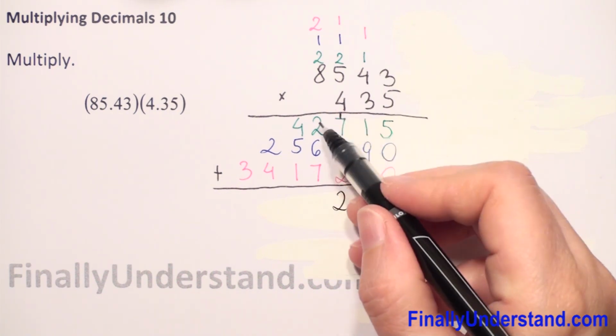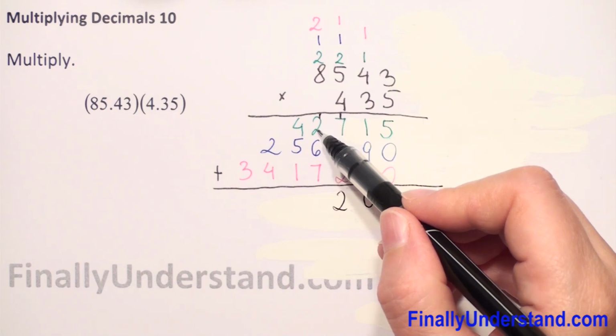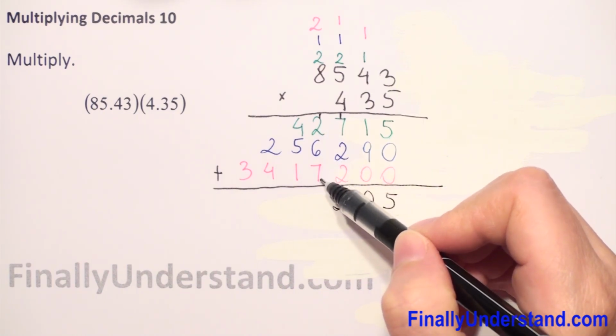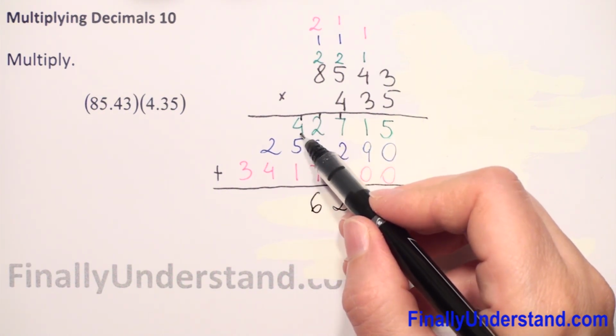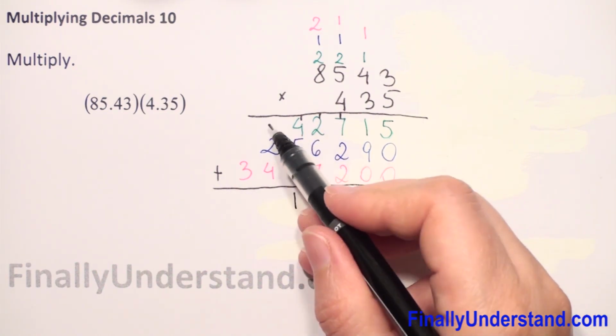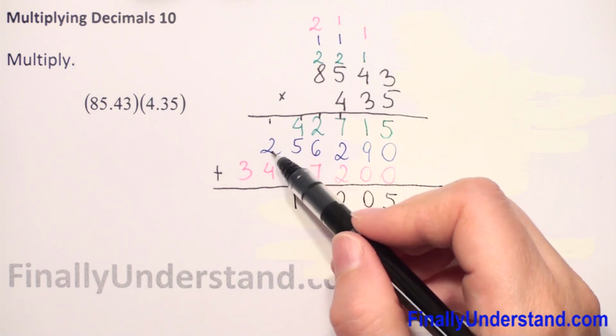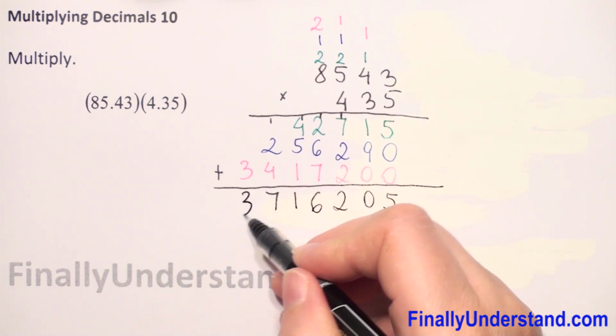So we have 2 and 1 we add to the next column. 1 plus 2 is 3 plus 6 is 9 plus 7 is 16, so we have 6 and 1 we add to the next column. 1 plus 4 is 5 plus 5 is 10 plus 1 is 11, so we have 1 and 1 we add to the next column. 1 plus 2 plus 4, so this is 7 and 3 we have.